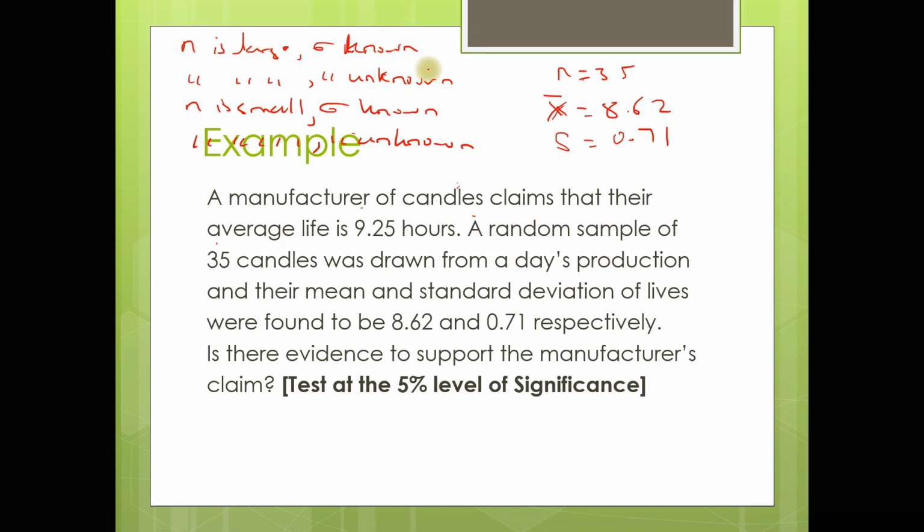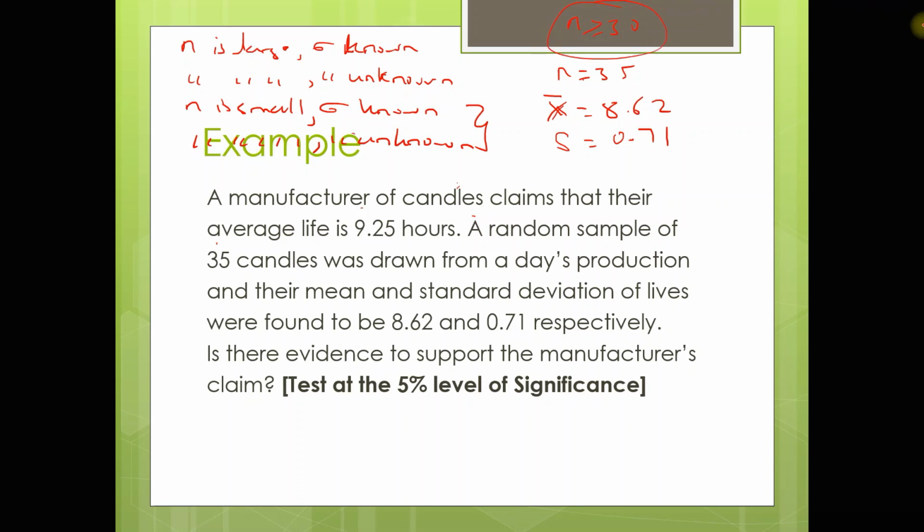Now, if n is large, you do not have any assumption as such to do. However, remember that if n was small, you would have to assume normality of the population. So that's how you decide on that. Here the sample size is 35, which is large, because in this course we consider n greater than or equal to 30 as large.